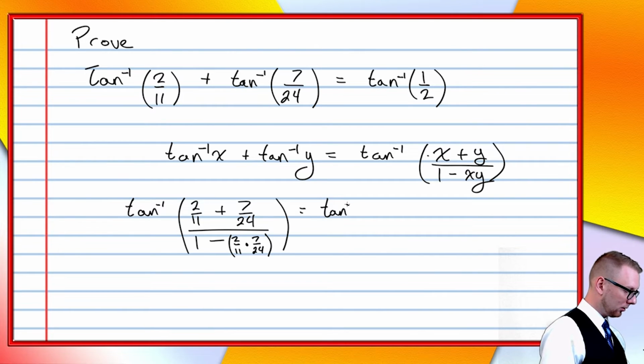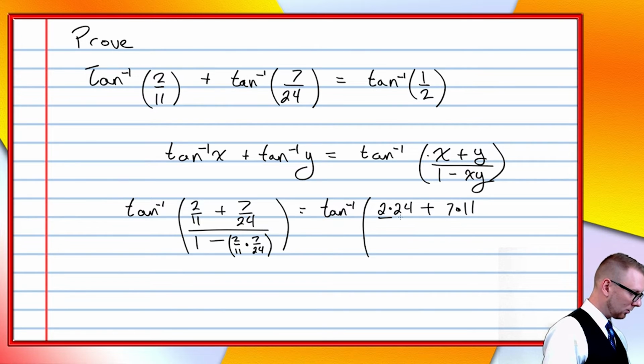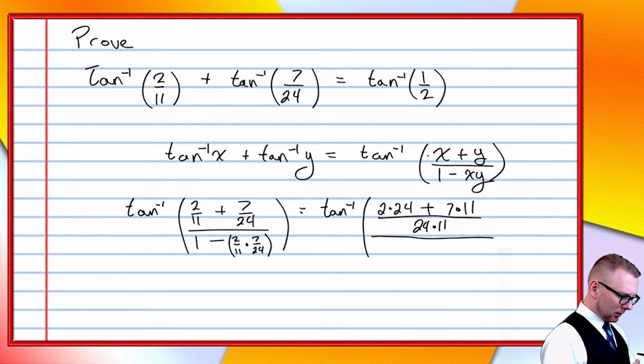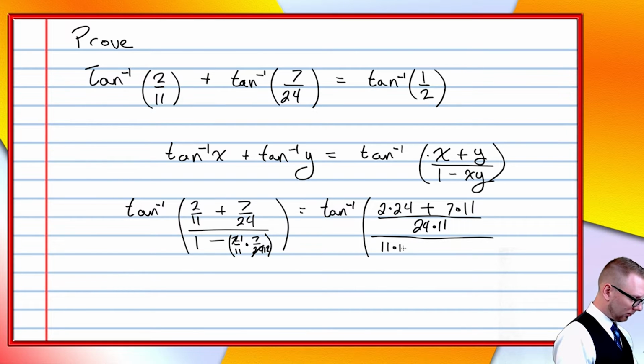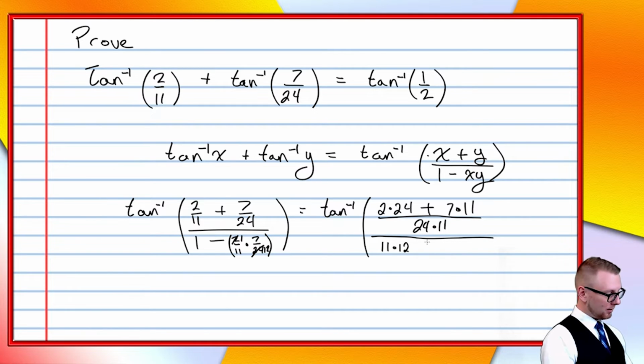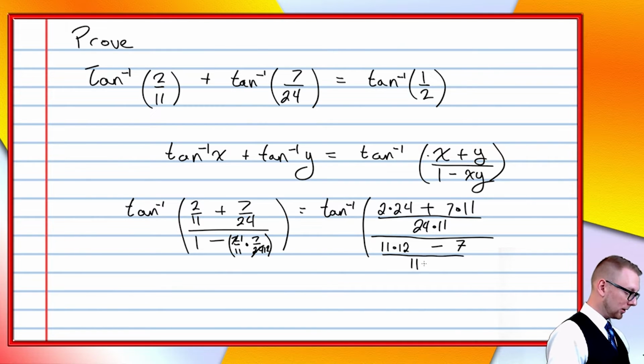We'll go with tan inverse of a big number, 24 times 2 plus 7 times 11 over 24 times 11, all over, this 2 and this 24 can reduce, so this becomes a 1 and this becomes a 12. So we've got 11 times 12, so this will be 11 times 12 when we make that common denominator, minus a 7. Common denominator will be 11 times 12, my bad.